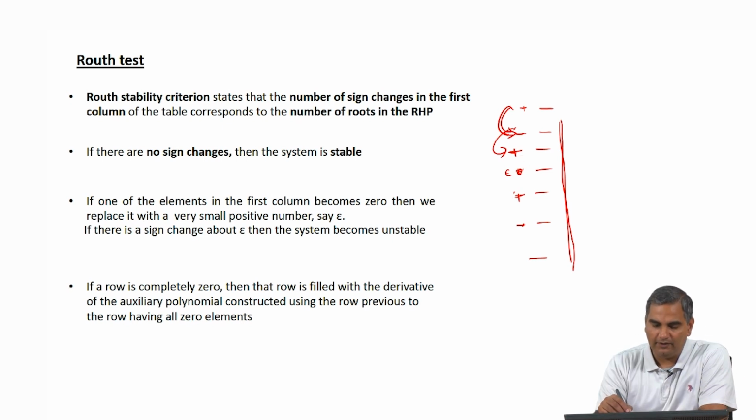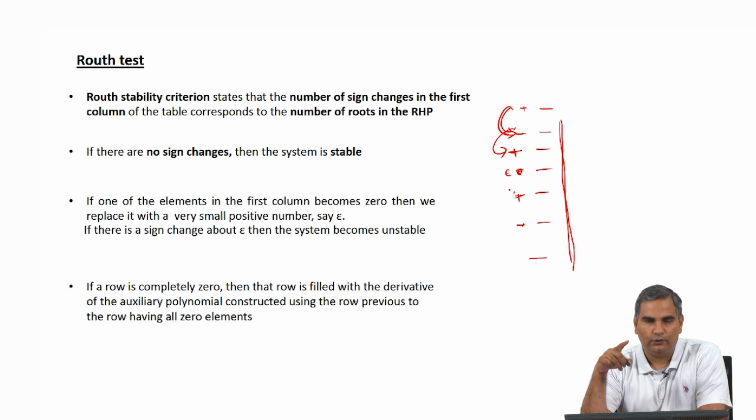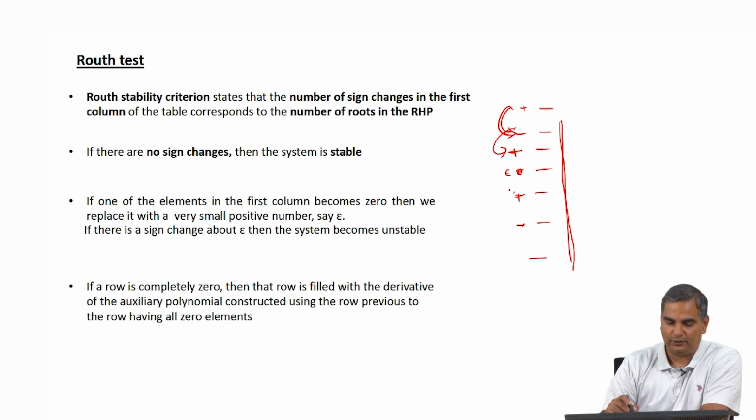The reason why we worry about 0 in the first column is because, remember, in the calculation procedure I showed in the last slide, every time we divide by the first number in the row above. Since we are dividing by the first number in the row above, if that number becomes a 0, I have a problem. That is the reason why 0 is a particular issue here.